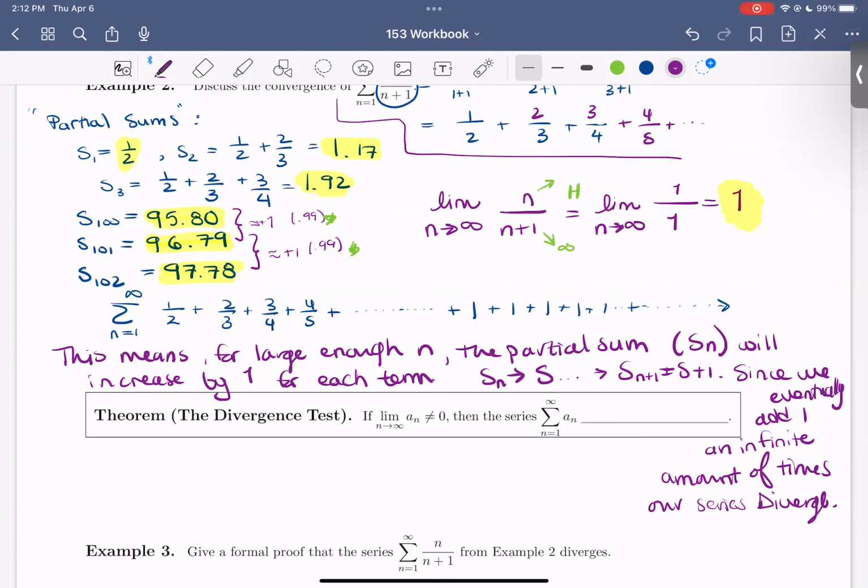But what's really cool is that this is actually a theorem, which is a statement that can help us prove and determine whether or not a series converges or diverges.